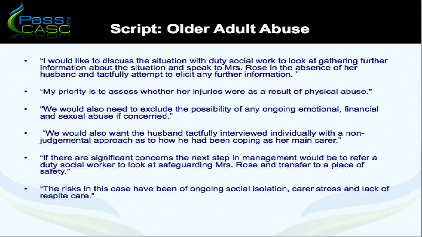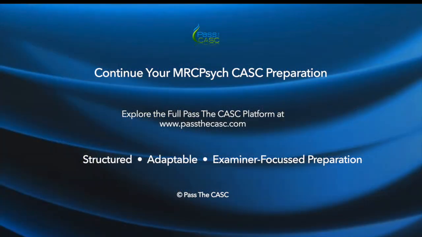We would also want the husband tactfully interviewed individually with a non-judgmental approach as to how he'd been coping as her main carer. If there are significant concerns, the next step in management would be to refer the case to duty social work to look at safeguarding Mrs. Rose and transfer to a place of safety. The risks in this case have been ongoing social isolation, carer stress, and lack of respite care.